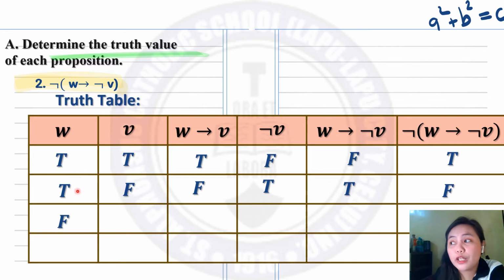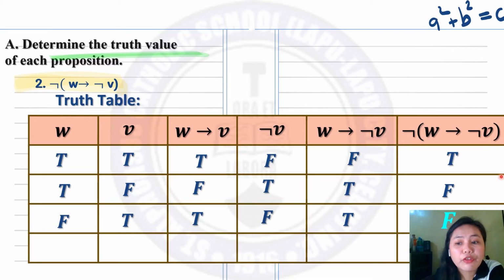If W is false and V is true, the implication is true. And since we have here not V, the negation of V is false. And as we get the implication of W and not V, the result is true. Its negation is false.